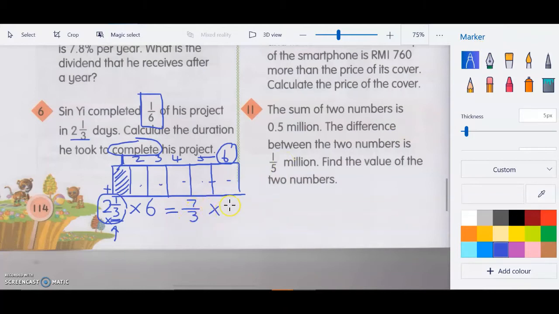Then you times 6. 3 and 6 you can simplify, they are in the 3 times table. So you divide 3, you get 1. Divide 3, you get 2. And then 7 times 2, you get 14 days. So the duration is 14 days.